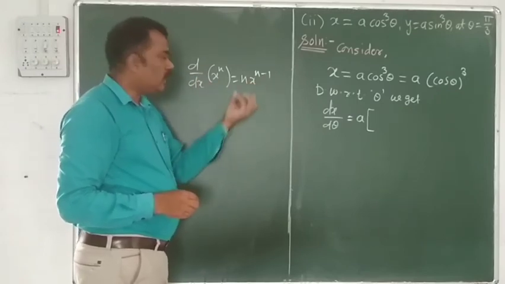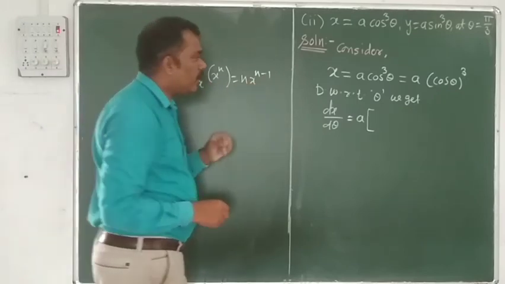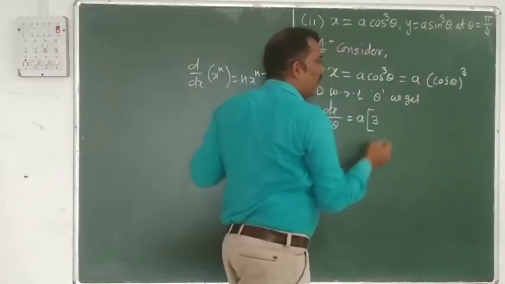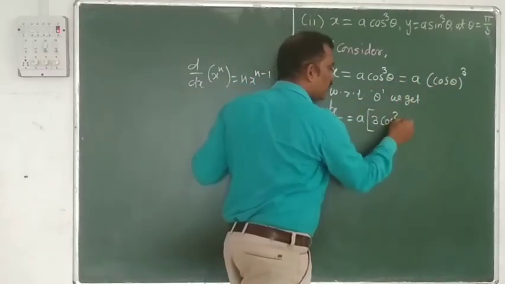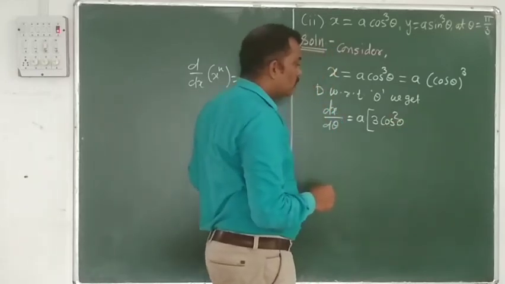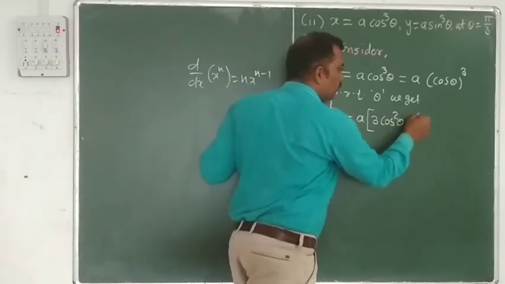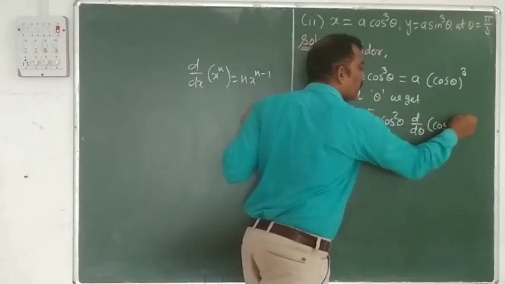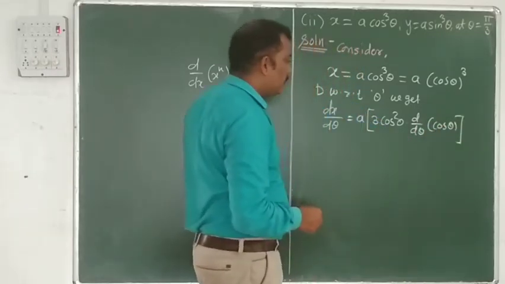We take the power as it is, 3. From the power we subtract 1, so we get the square, so we write cos square theta into the derivative of cos theta, using the derivative of a composite function.